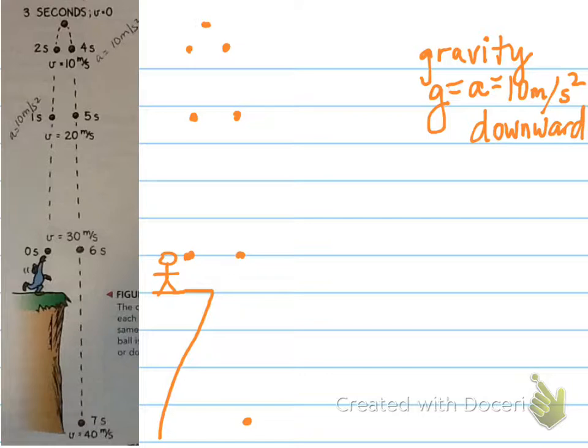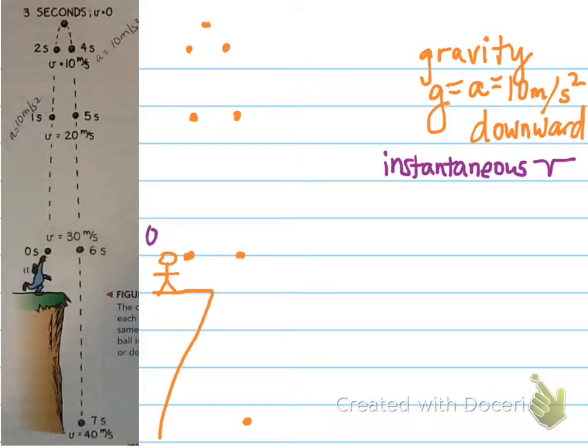So first thing that I'm going to do in purple here is look at my instantaneous velocity or speed. Now, we know what it is here.